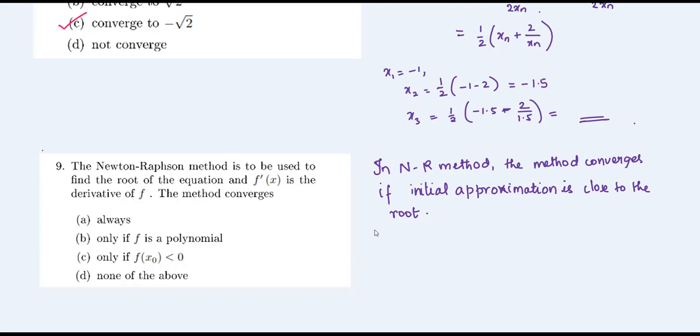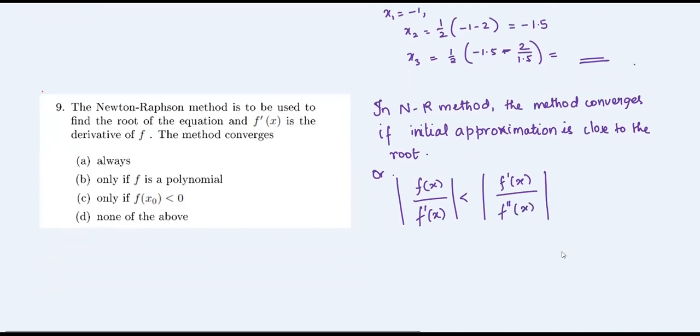Or this should happen. Basically, what we are doing is f of x by f dash x. This modulus should be less than f dash x by f double dash x. So the next ratio of convergence. So our chosen approximation should be such that this is valid.